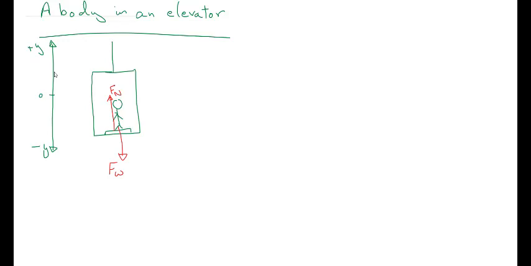This is the y-axis. So the sum of forces in the y-axis will equal Fn, which is in the positive direction, and weight is in the opposite direction, so minus Fw will equal ma, which is Newton's law.